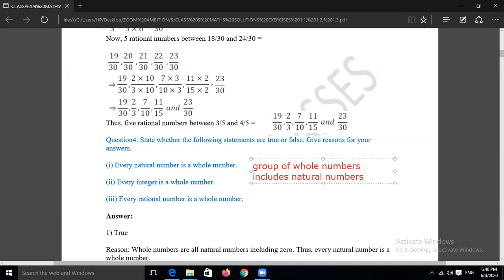Okay, so we can say every natural number is a whole number.